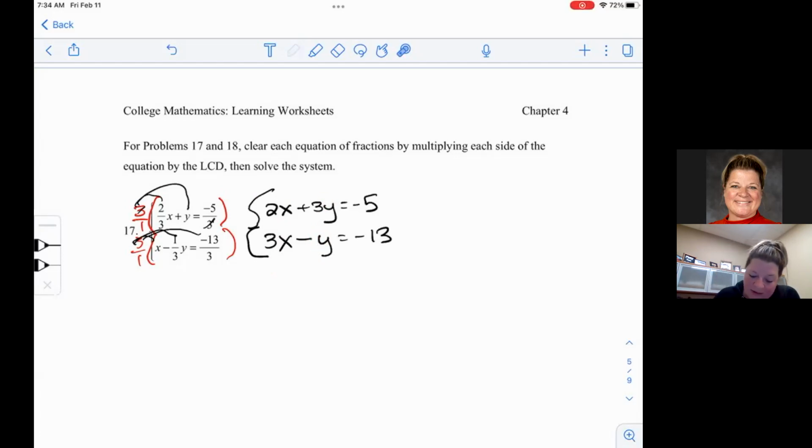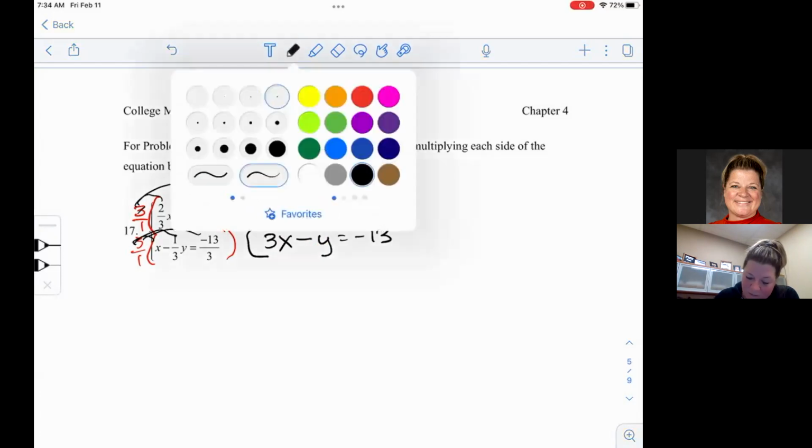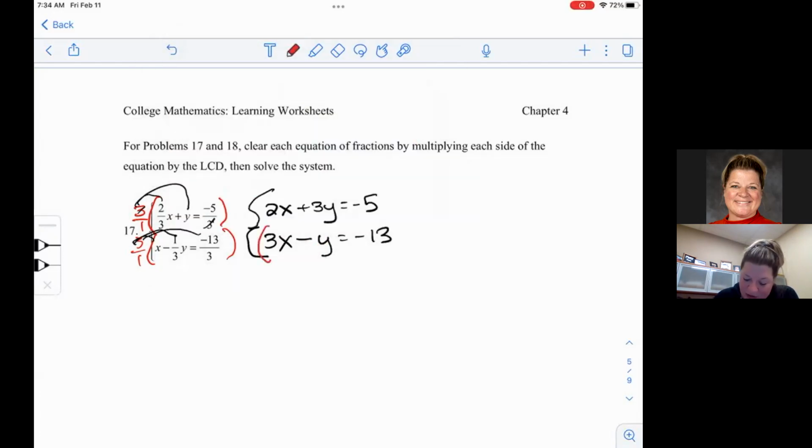So if I multiply this bottom equation by 3, then I would have the 3 that we'd like in front of that y. So I'm going to keep the first one the same: 2x plus 3y equals -5, and then times by 3: 9x minus 3y equals 13 times 3, 13.